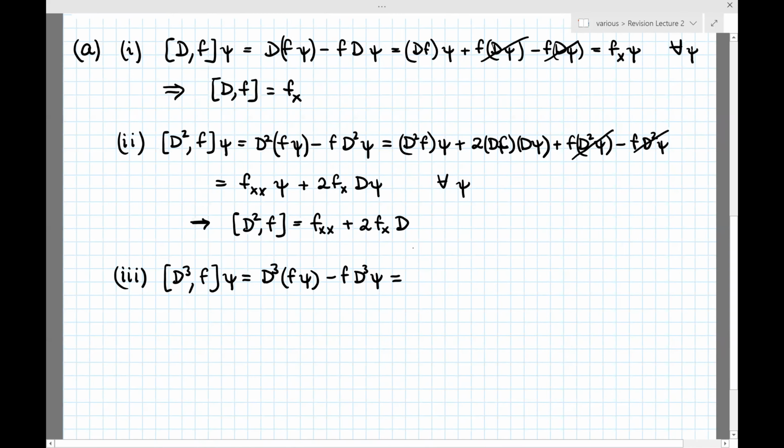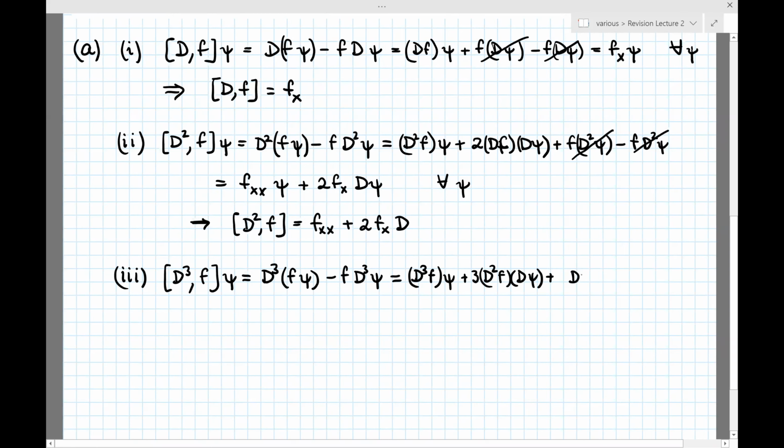Now there are four options. So the three derivatives could act on f. So we get D3f times psi, or two derivatives could act on f, and one derivative could act on psi. And there are three ways of distributing the derivatives in this way.